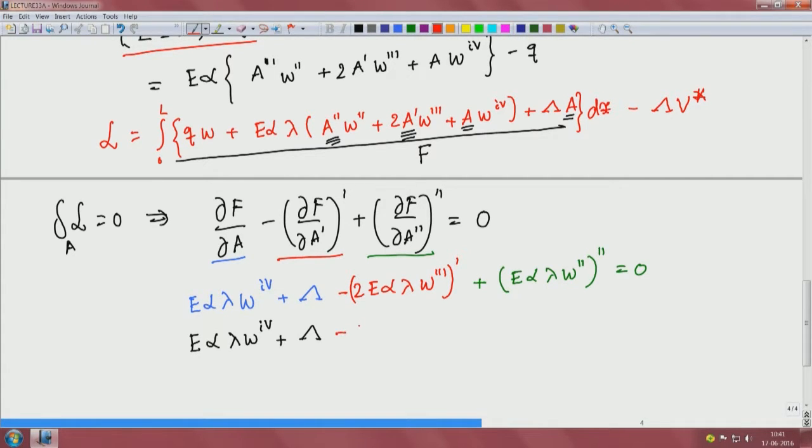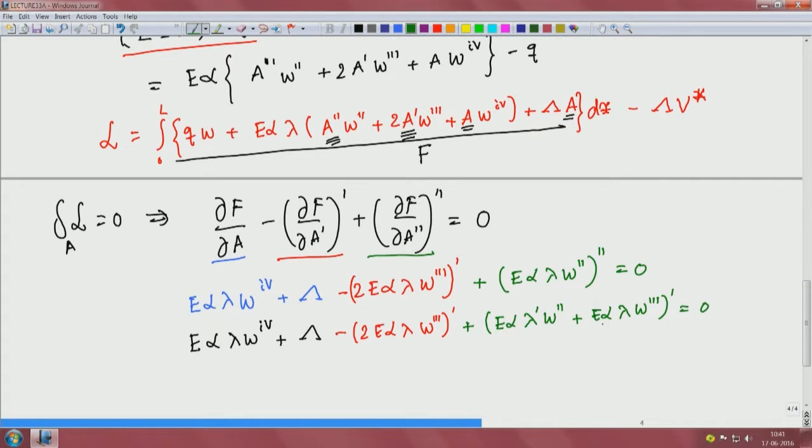So, I will just put this as minus 2 E alpha lambda W triple prime prime, and then let us go to this last one. Let us take one derivative of this, that will give us E alpha lambda prime W double prime plus E alpha lambda into W triple prime equal to 0, okay, because lambda is also function of x.